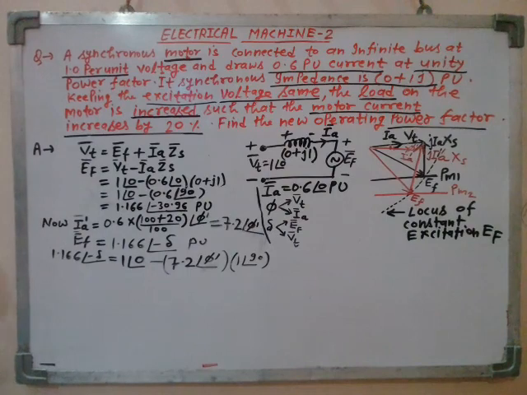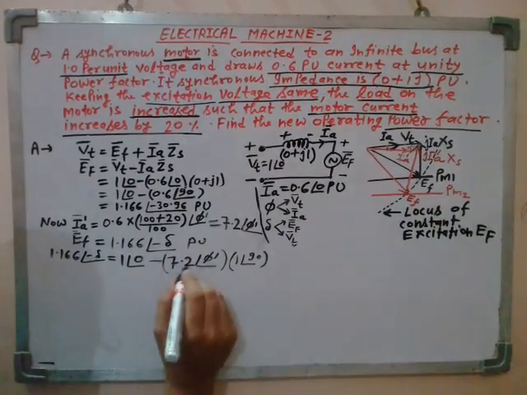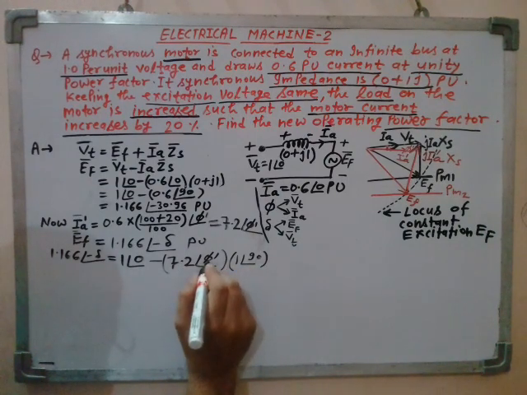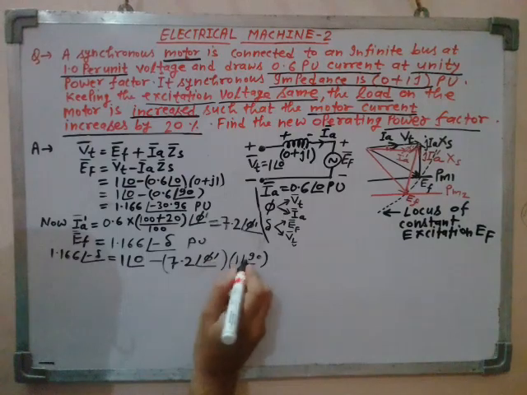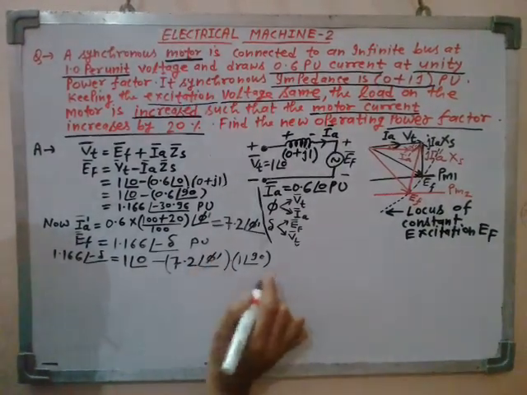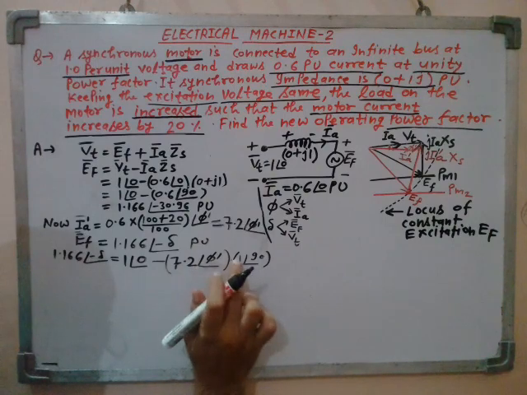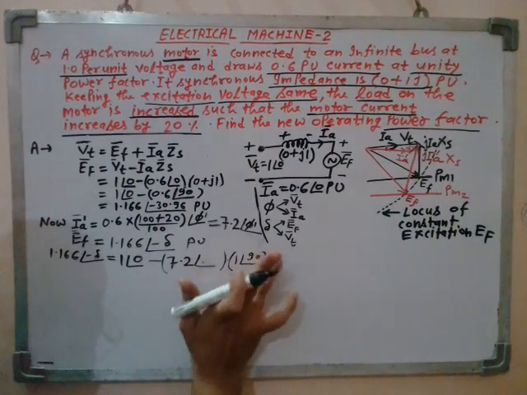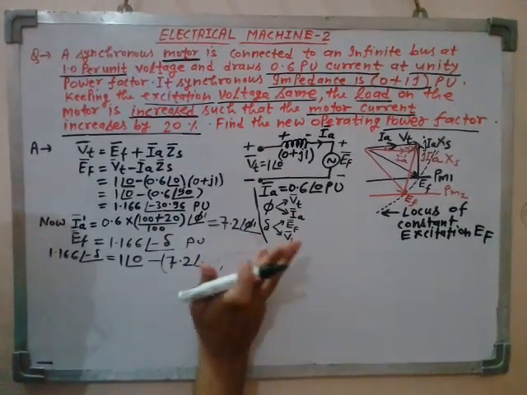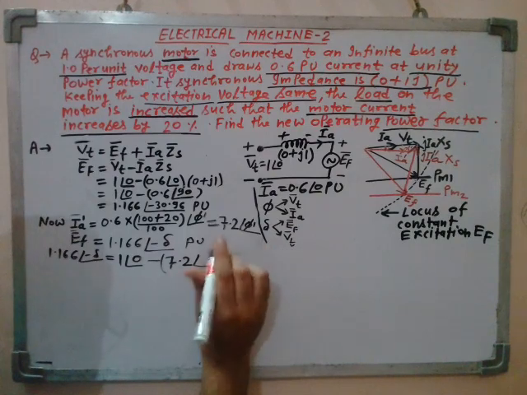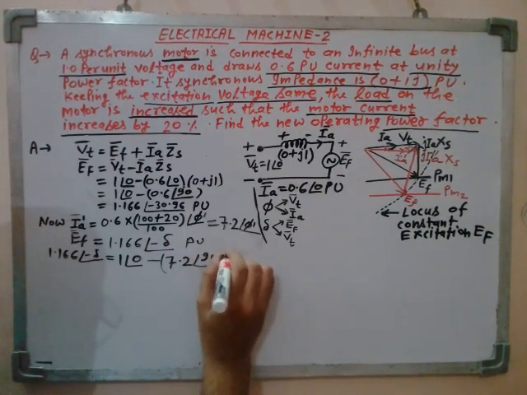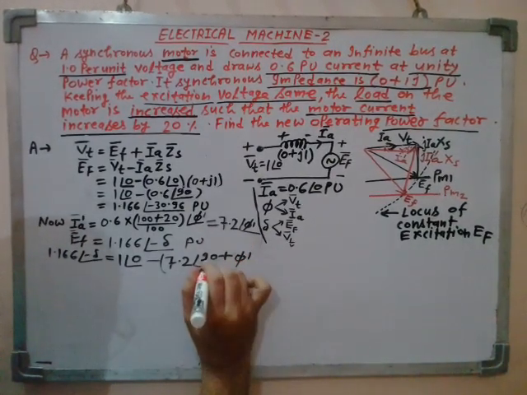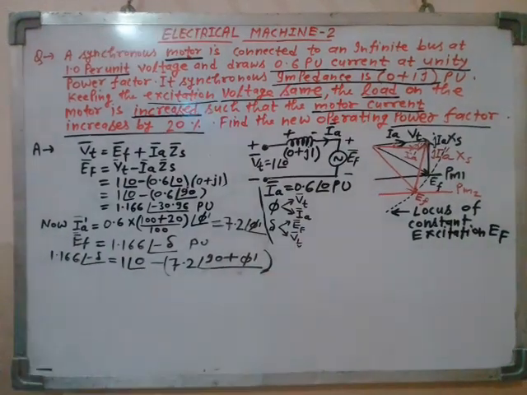Now the magnitude is multiplied by 1, and the angle is added, 90 plus phi dash, because these two are product terms.